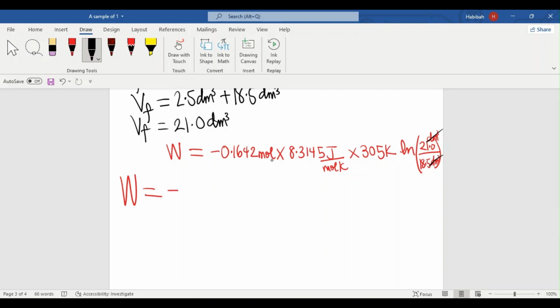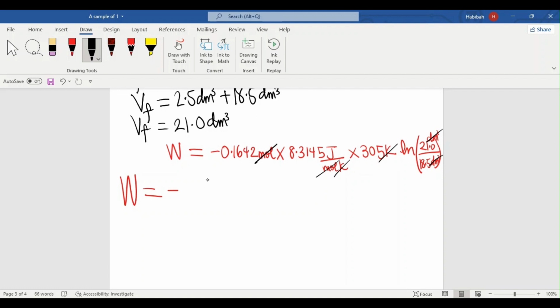So W equals negative. We're going to cancel out all the units that we're not using, because normally the unit for work is joules. So we want to make sure everything is in joules. So cancel out moles, Kelvins. Now we just have negative 0.164 times 8.3145 joules times 305.